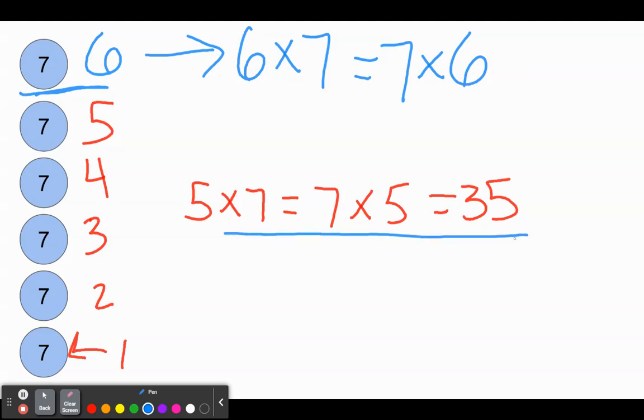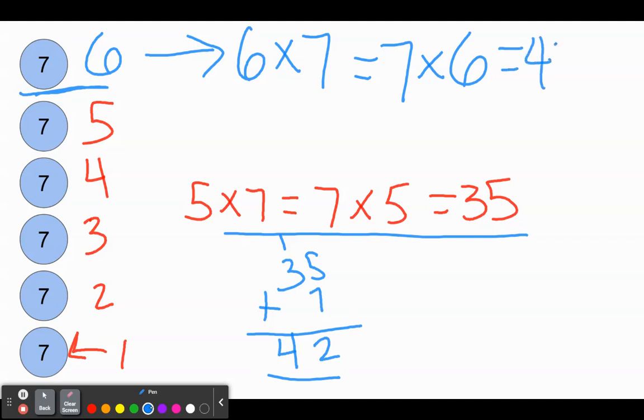So all we have to do is add one more 7 to 35. So if I have 35 plus 7, that is going to give me 5 plus 7, which is 12. I'm going to put down my 2, take 10 of those ones, turn them into a 10, and now I have 1 plus 3, which gives me 4 10s. So 6 times 7 is equal to 42.